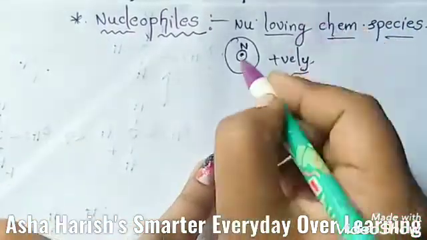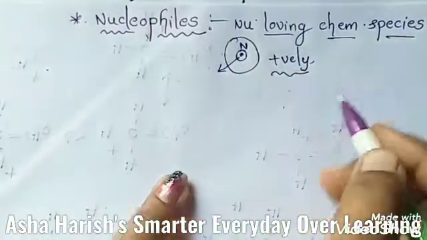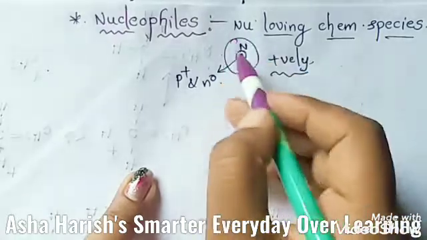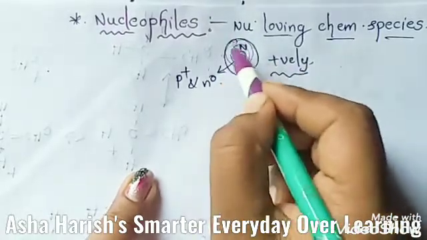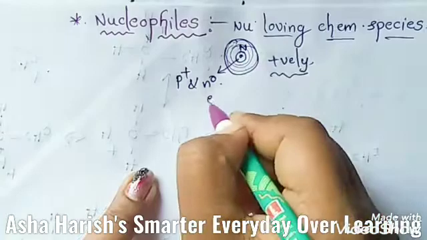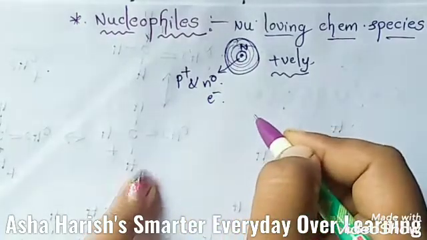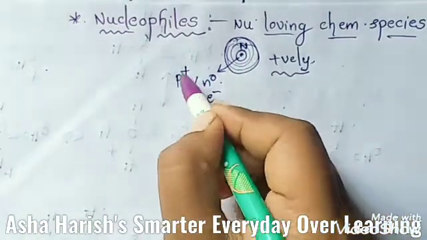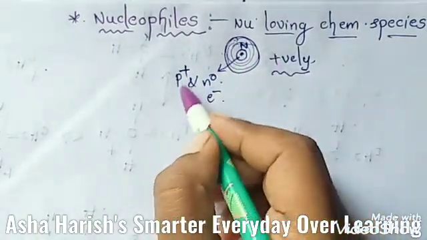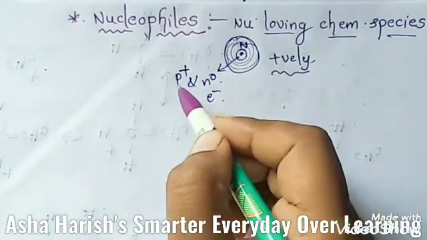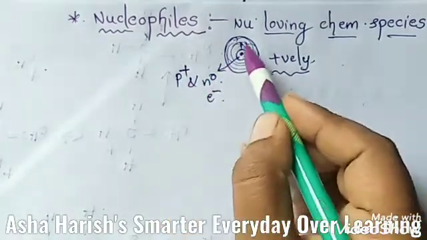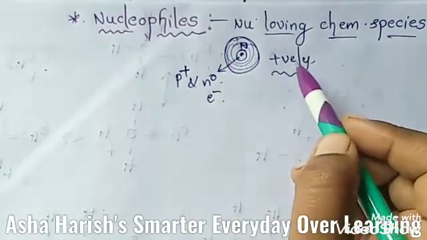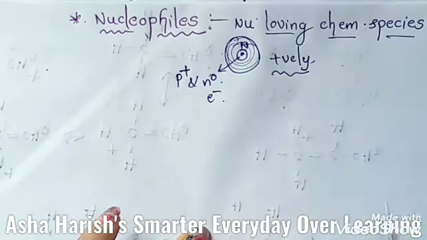Because inside the nucleus there are protons and neutrons. Around the nucleus, in specific orbits, electrons are present. Electrons have negative charge and protons have positive charge. Due to these protons, the nucleus gets a positive charge.